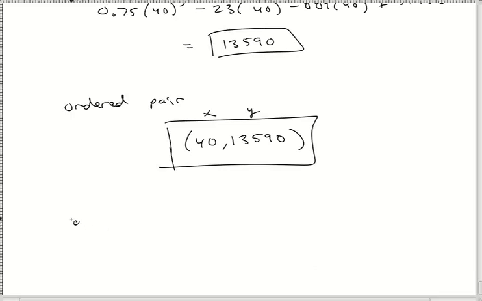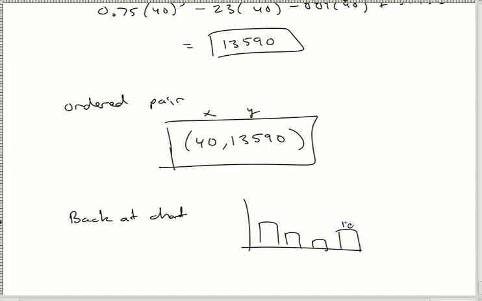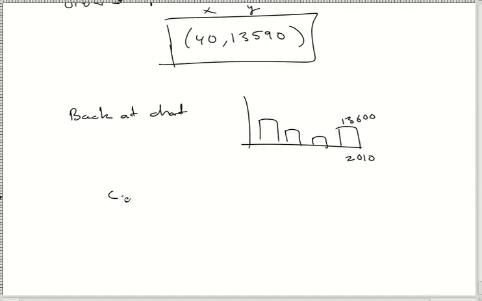Part C, we need to look back at the chart, and we've got bars, bars, bars. And this one here is 13600 at the year 2010. And they're wanting to compare my answer with their answer.